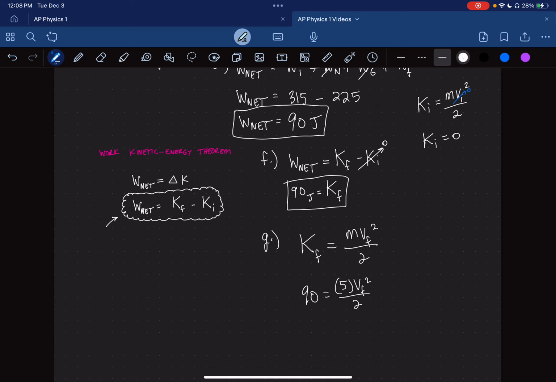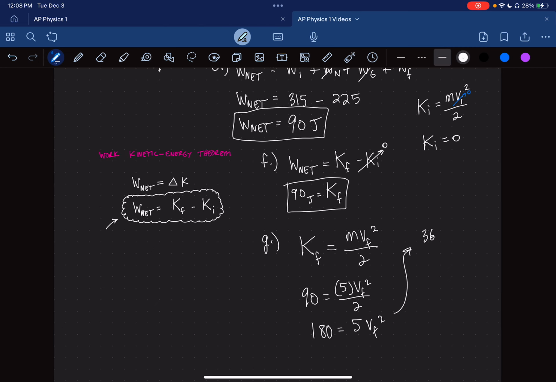And we'll just solve this for the final speed. And so the final speed of the block is 6 meters per second.